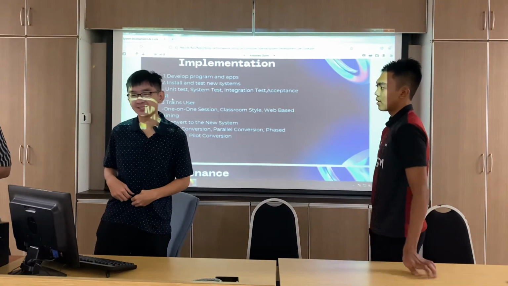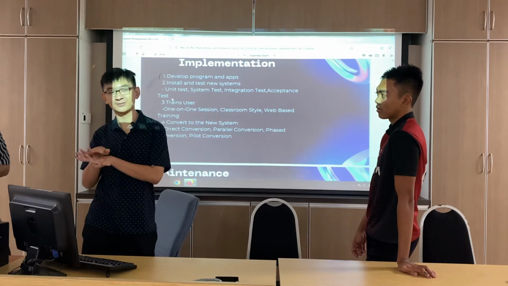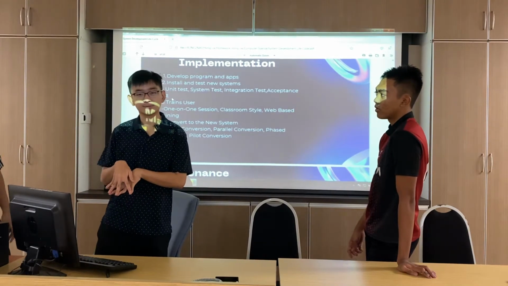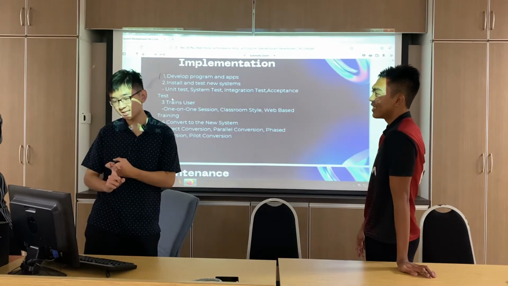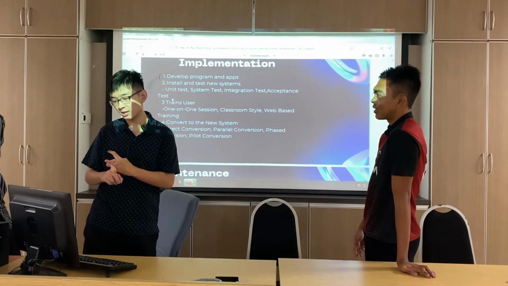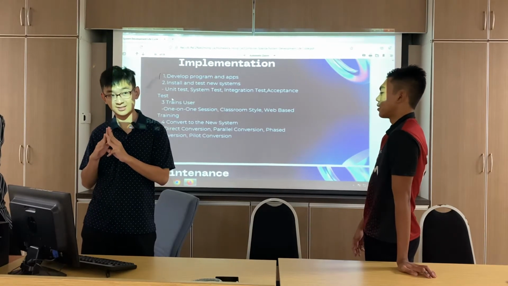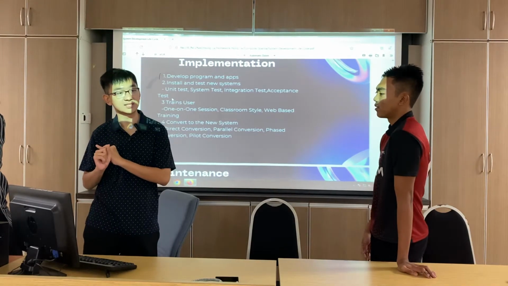What I mean by 3 is that we do 3 of them. From the 4 tests, you do 3 tests. We do the unit test, system test, and also the acceptance test first. Only then do we proceed with the integration test.